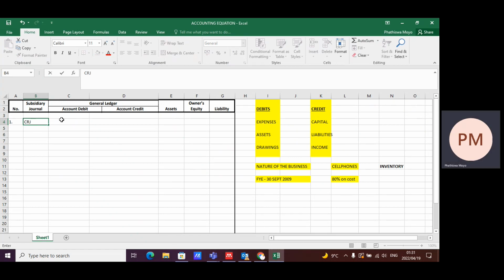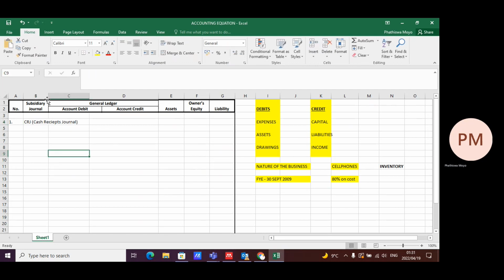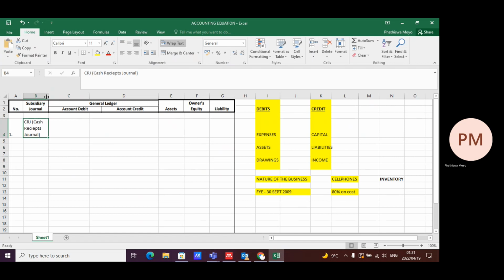So CRJ, we know it stands for cash receipts journal. Yeah, it's cash receipts journal.